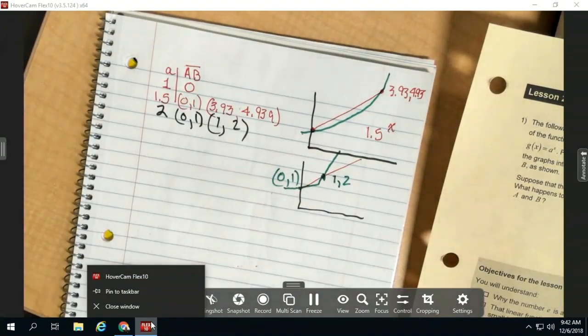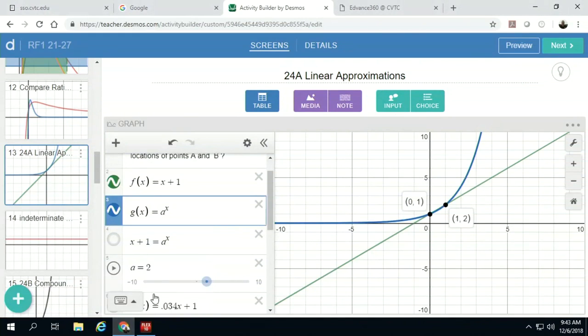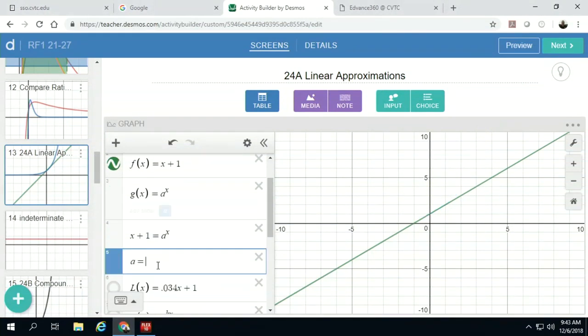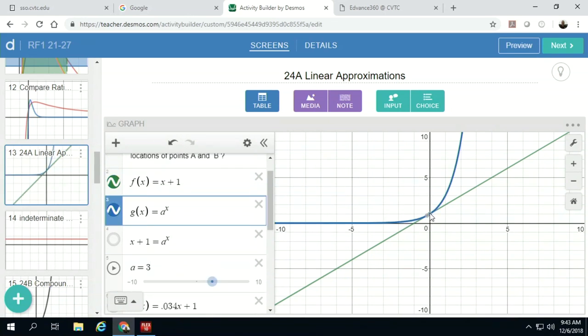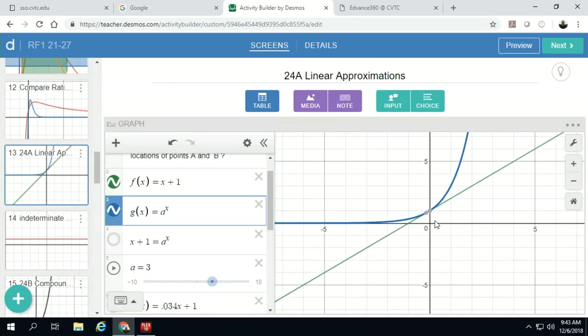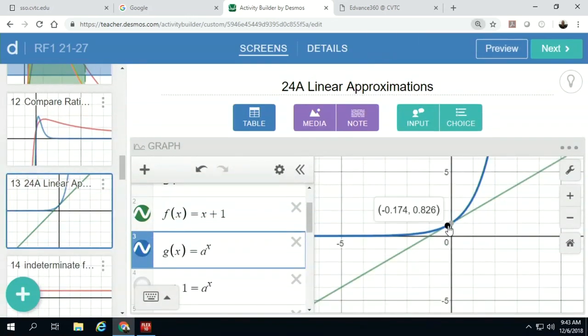So those 2 points are getting closer and closer together. If we try 3, and we look here, do you see what happened to our points of intersection?